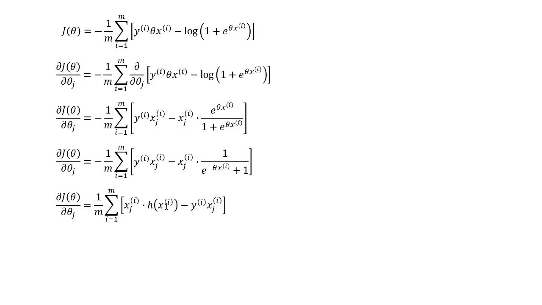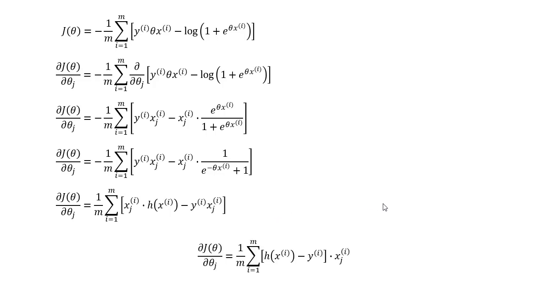And that is our hypothesis function. That's the sigmoid. So now down here, I have this negative sign out in front of my 1 over m. I'm going to distribute it through. So this becomes positive 1 over m, summation i from 1 to m of, I've got my x_j^i right here, times my hypothesis function, the sigmoid, minus y_i x_j^i. Okay? Almost there.